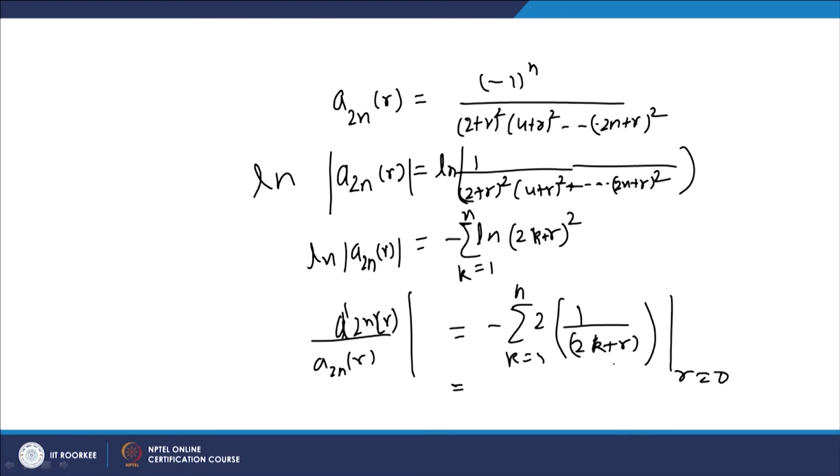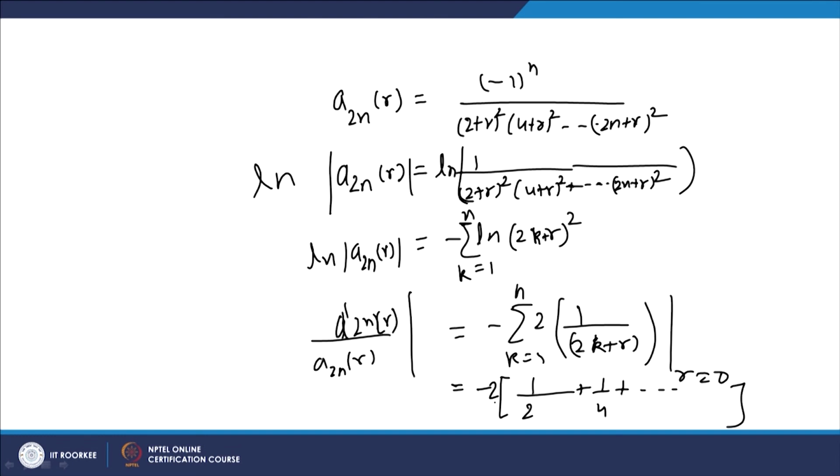So here when you put k equal to 1, it is minus 2 times 1 upon 2 plus 1 upon 4 plus so on.